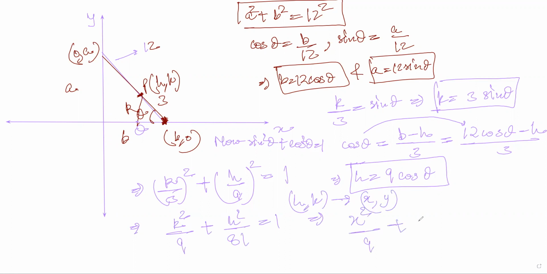If you notice it, this is a vertical ellipse with minor axis and major axis as 6 and 18. Guys, did you understand the question? Please feel free to ask your doubts.